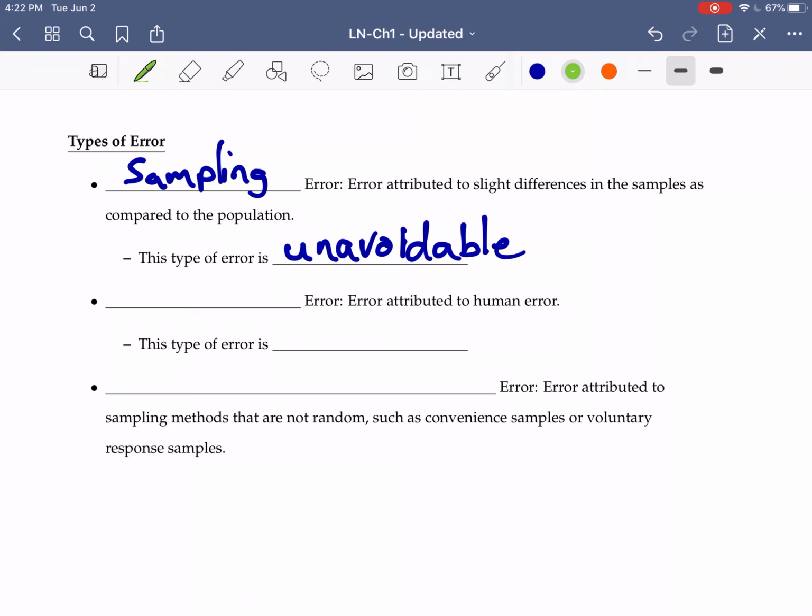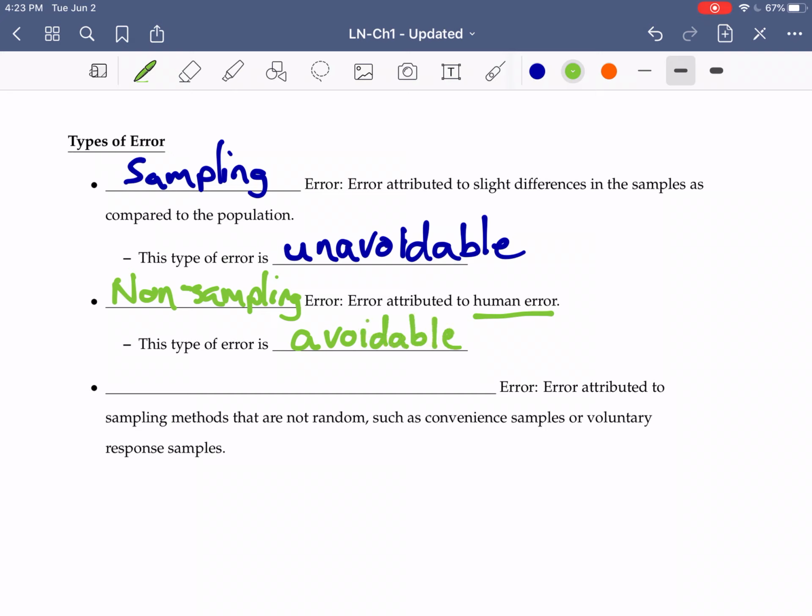The next type of error that we could get is simply called non-sampling error. Here, when we think about non-sampling error, this is error that's attributed to human error. This type of error is avoidable.